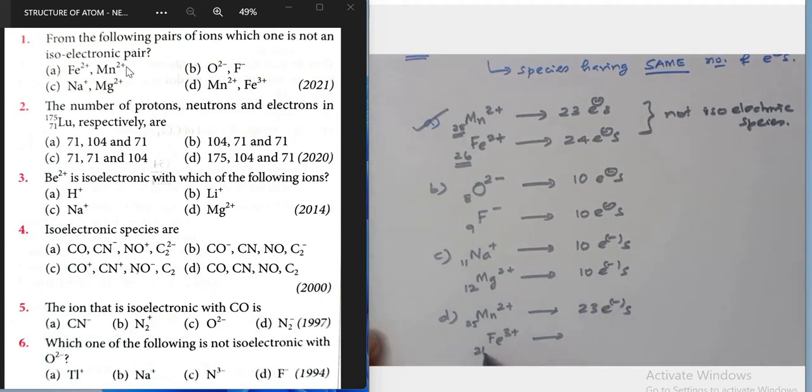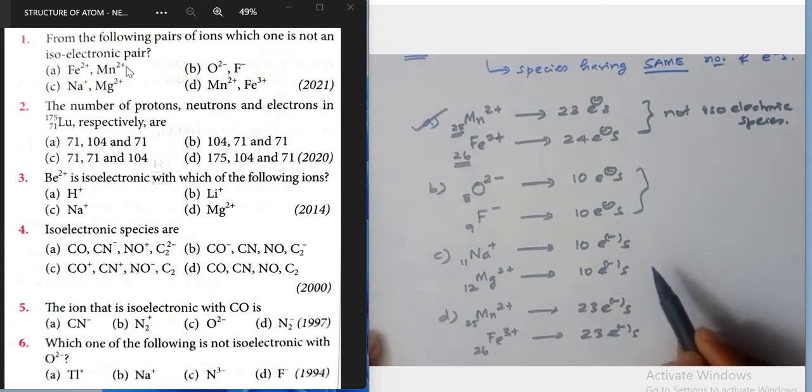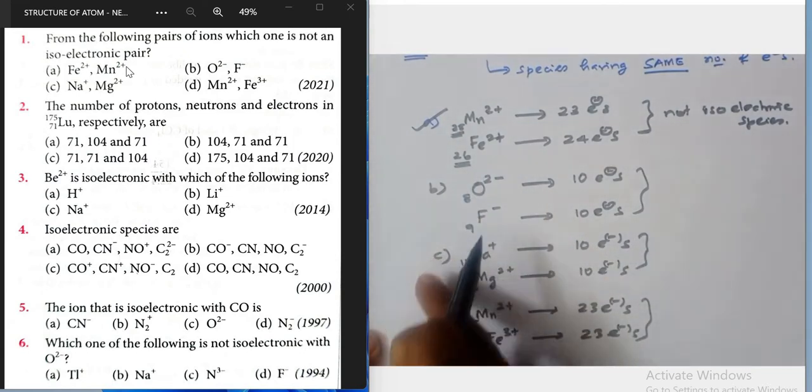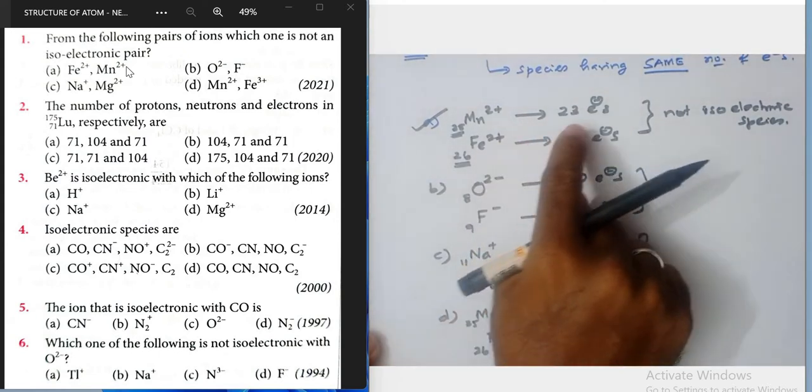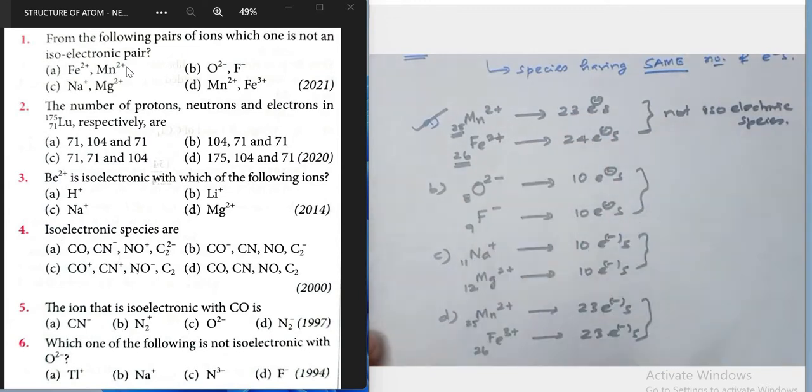Iron atomic number 26, neutral iron has 26 electrons, but now it carries 3+ charge, so remove 3 electrons: 26 minus 3 gives 23 electrons. So these two are isoelectronic. Options B, C, D have isoelectronic pairs, whereas in option A the number of electrons is not equal, so it is not an isoelectronic pair. Take down: for question number 1, the correct option is A.